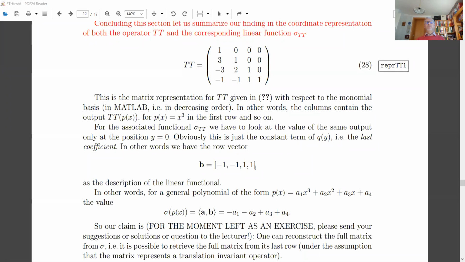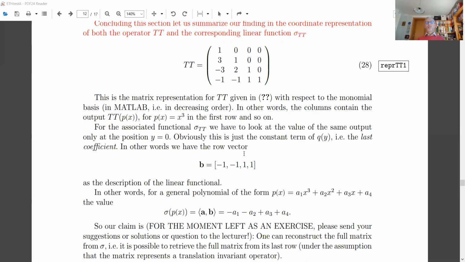And the interesting claim is, if somebody only gives you the linear functional, you can recover the system. So what you are doing is take your input polynomial, shift it. Well, you have to apply the shift operator to the coefficients to get the coefficients of the shifted polynomial first, and then take the scalar product of this.